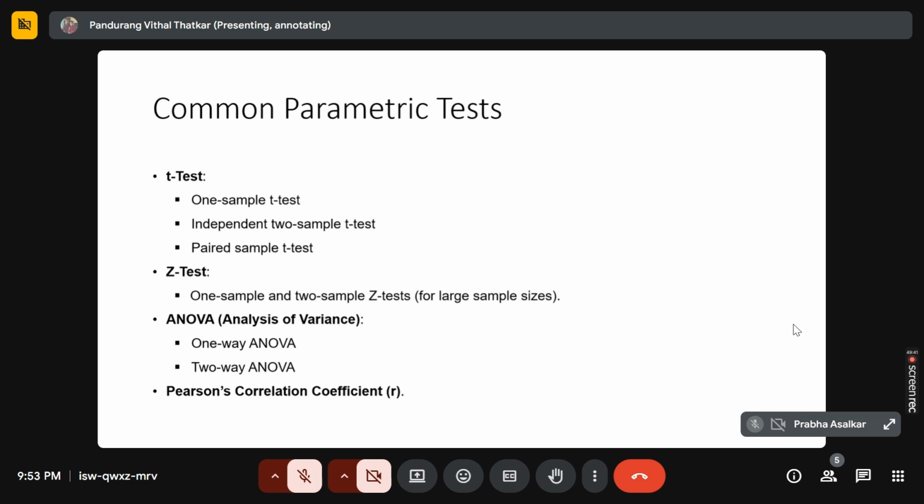In case of t-test, we have two groups, and in ANOVA we have more than two groups, so at the same time we can compare multiple groups. In ANOVA, we have two types: one-way ANOVA and two-way ANOVA. And another common parametric test is Pearson correlation coefficient. It gives a value between -1 to +1. -1 indicates strong negative correlation, +1 indicates strong positive correlation, and 0 indicates no correlation.